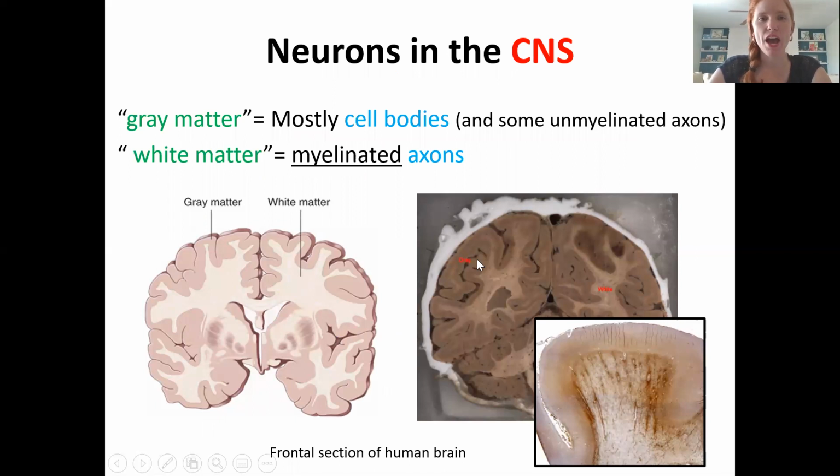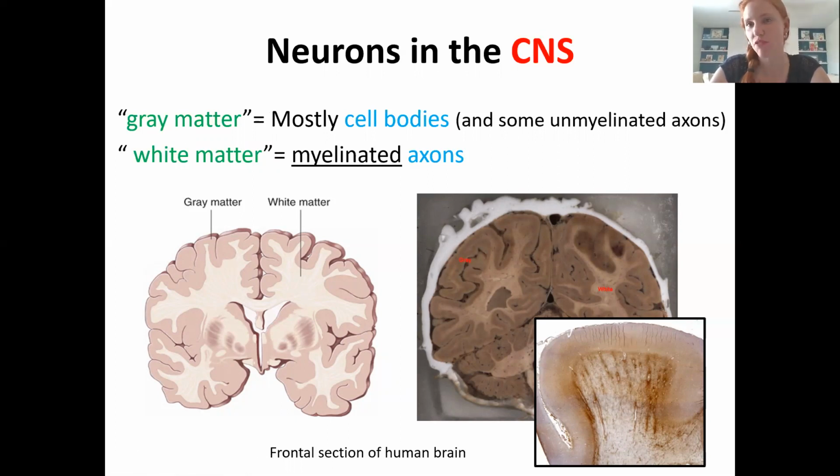So let's look at where the neurons are found in the central nervous system. When we think about the different regions of the neuron, we have the cell body, and the axons are going to be found in different places. The gray matter is called gray matter because it literally looks gray.